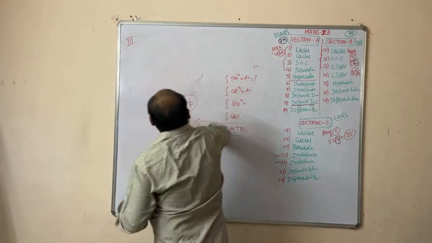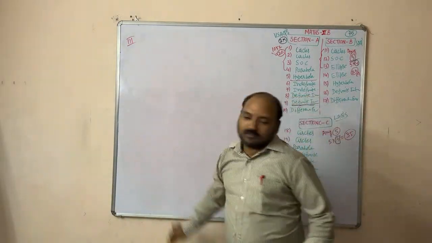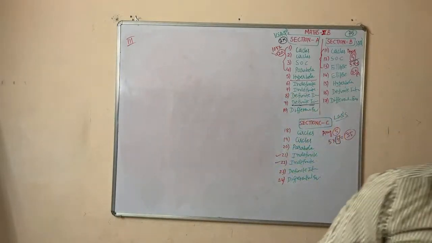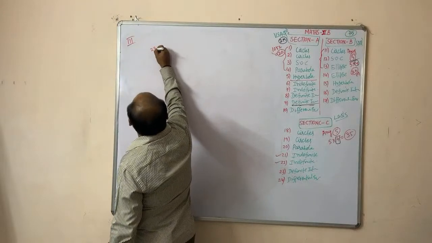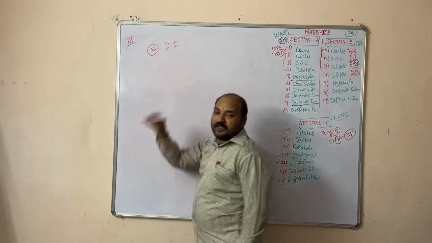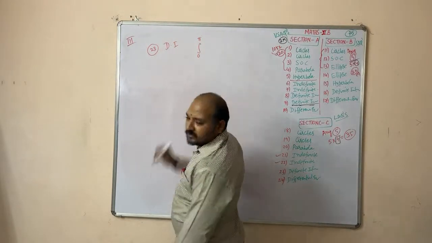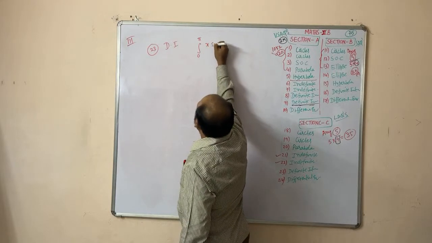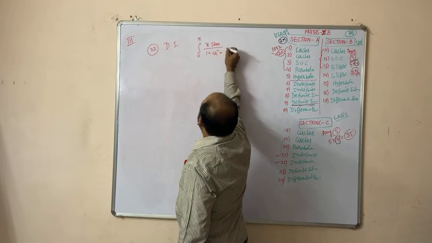So question number 23. We are in the last segment, two more questions are there to explain. In question number 23, definite integration. Integral 0 to pi x sin x divided by 1 plus cos square x into dx.